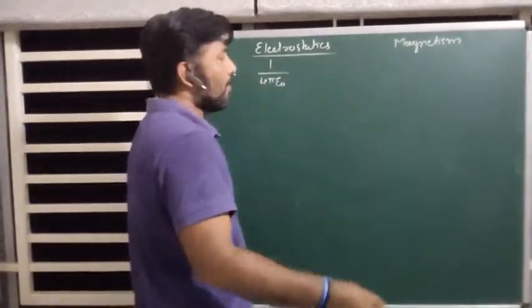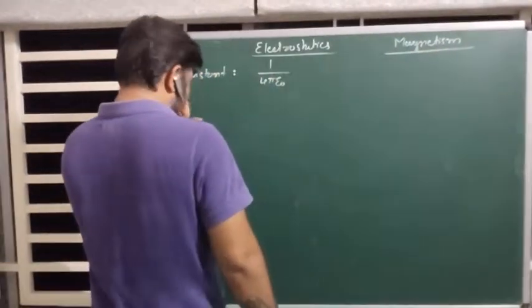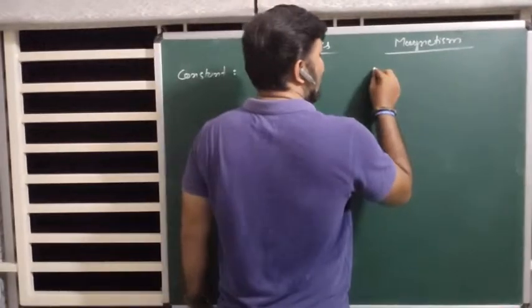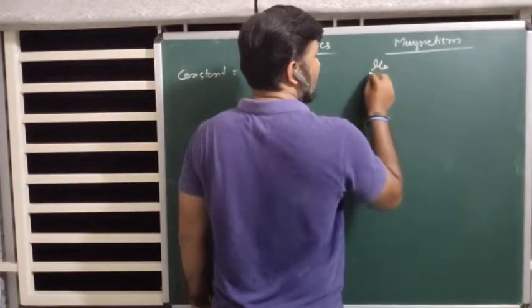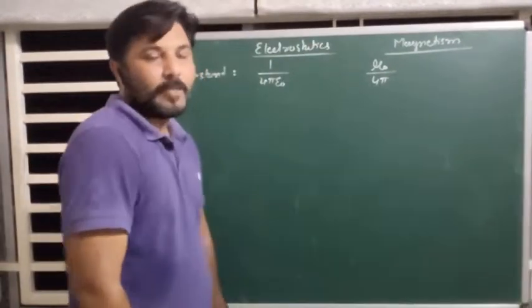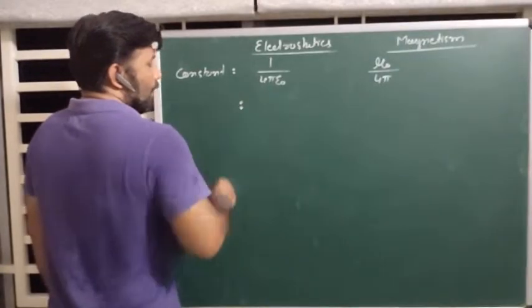But when there is a matter of magnetism, instead of 1 upon 4 pi epsilon 0, we have used mu 0 upon 4 pi. Okay, let us see the symbol.